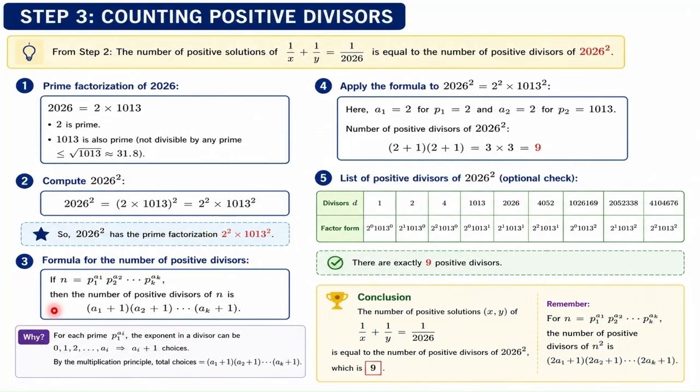Applying this formula to our number, the number of positive divisors of 2026 squared equals (2 plus 1) times (2 plus 1), which is 3 times 3, or simply 9. Finally, notice that every positive divisor produces exactly one ordered pair x and y. Therefore, the equation has exactly 9 positive ordered pairs. So the final answer is 9.